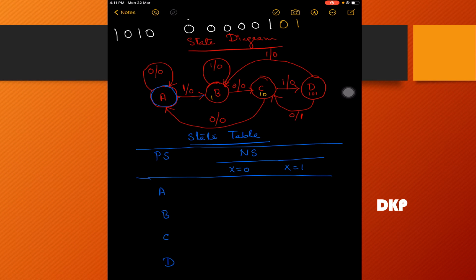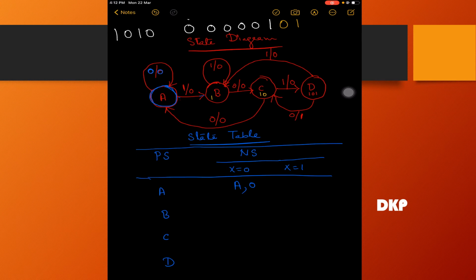So when the sequence detector was in state A, when it received input 0, it was in which state? It was in state A itself. That you have to write here. A, it was in state A itself. And what was the output here? The output was 0.